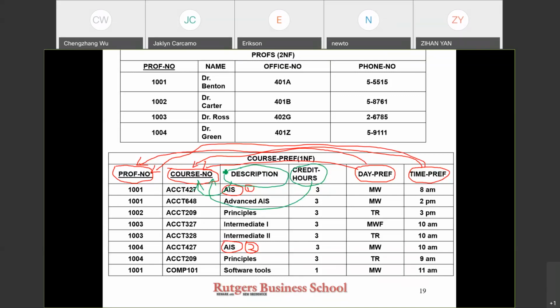The course preference relation is in first normal form, but as you know, it is not in the second normal form. We just found the reason because there is partial dependency on the primary key. So in other words, not all the non-key attributes in this table are fully functionally dependent on the entire primary key in this table.